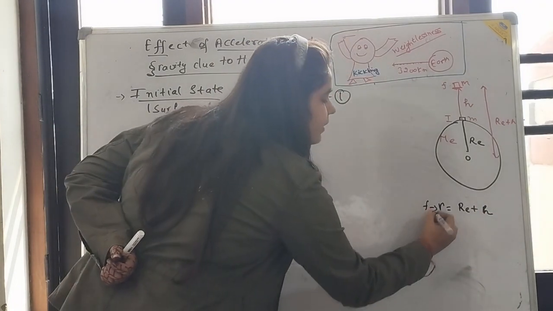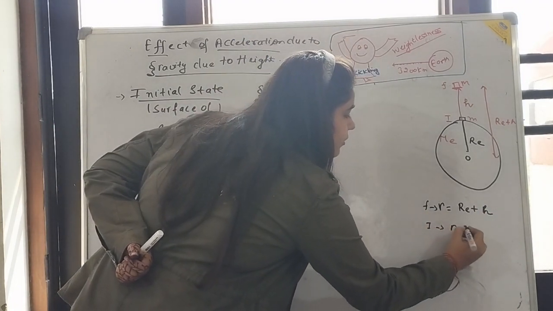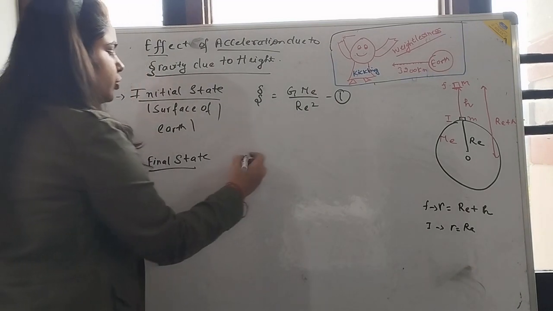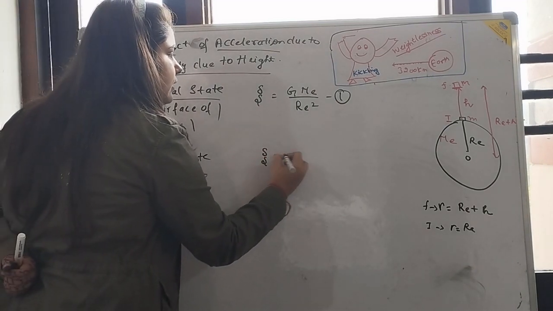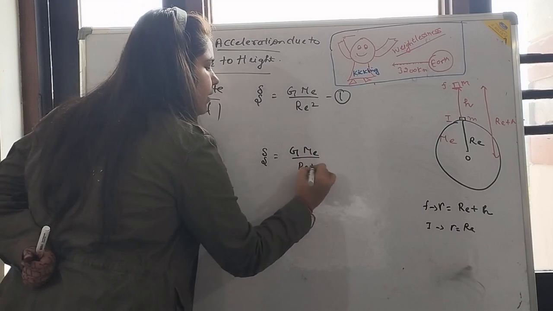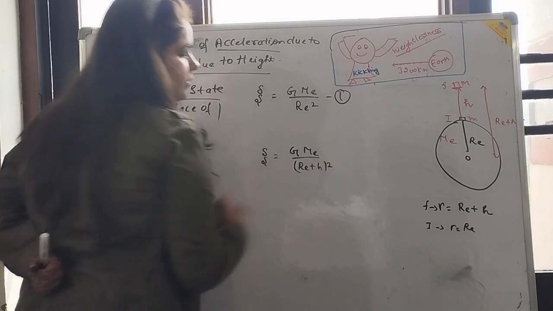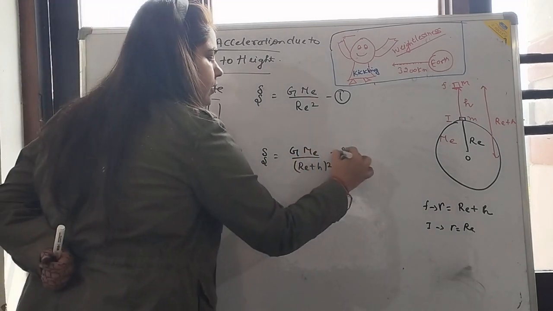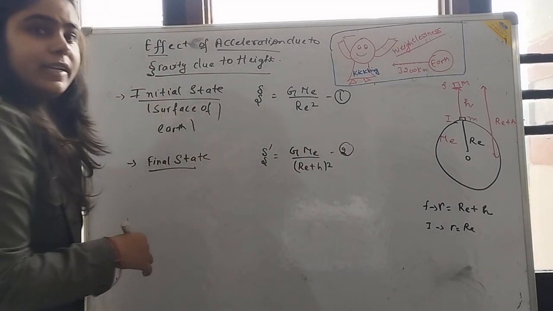Initially R is equal to RE. So finally g is equal to G ME upon (RE plus h) whole square. I am writing this as g prime for distinction.